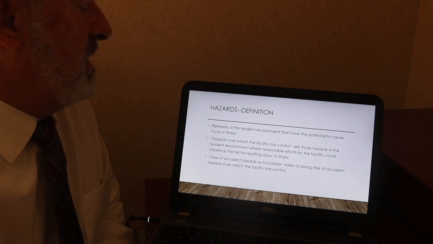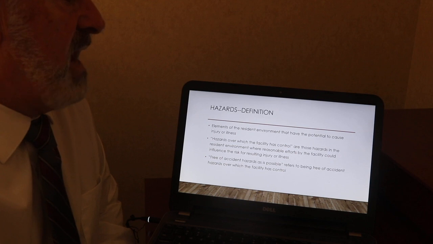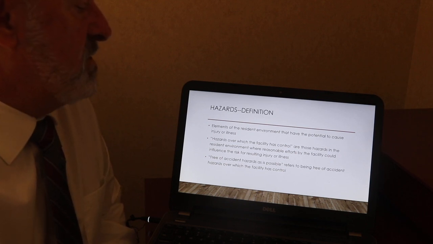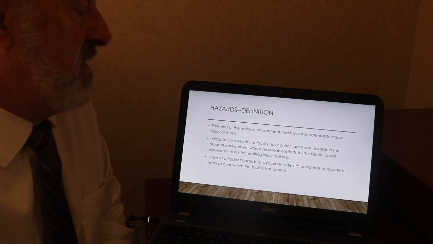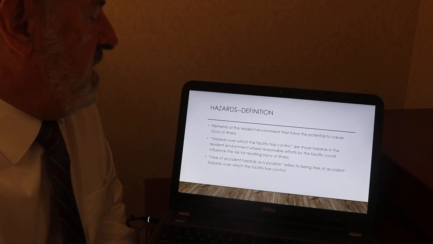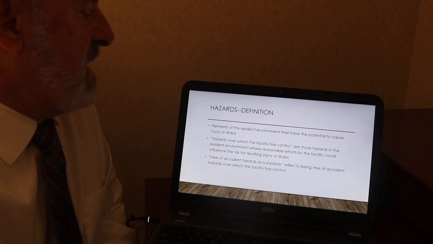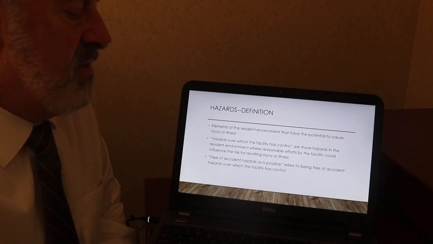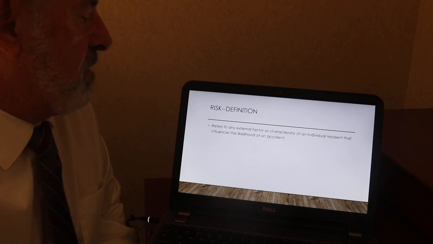Hazards are those elements in the resident's environment that have the potential to cause injury or illness. Hazards over which the facility has control are those hazards in the resident environment where responsible efforts by the facility could influence the risk for resulting injury or illness. And free of accident hazards, as is possible, refers to being free of accident hazards over which the facility has control.